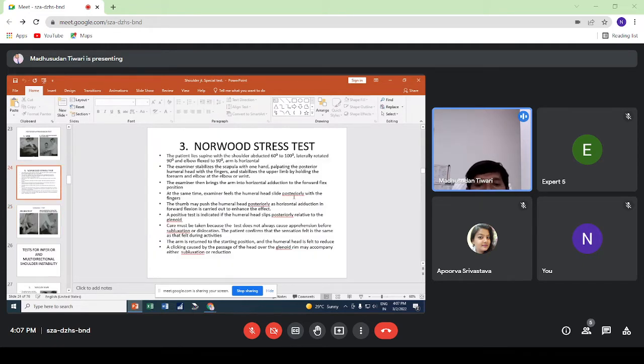Here the patient lies supine with the shoulder abducted 60 to 100 degrees, laterally rotated 90 degrees, and elbow flexed to 90 degrees, arm horizontal.